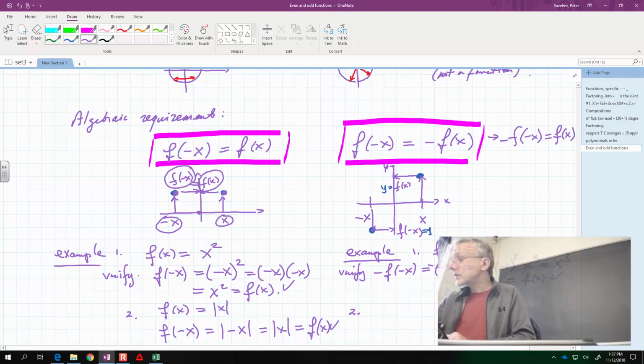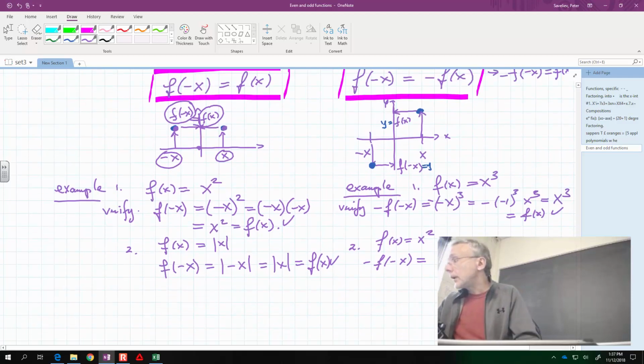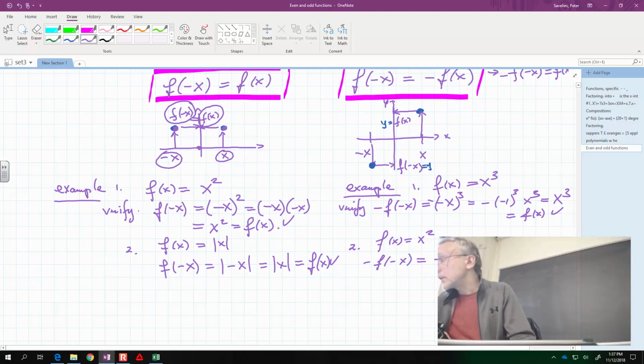So let's show that it's not going to work out. So f of x is equal to x squared. I take negative f of negative x and substitute these into my formula in order to verify. So I have negative x squared, right? And then I already know what's going to happen. It's going to be negative x squared.